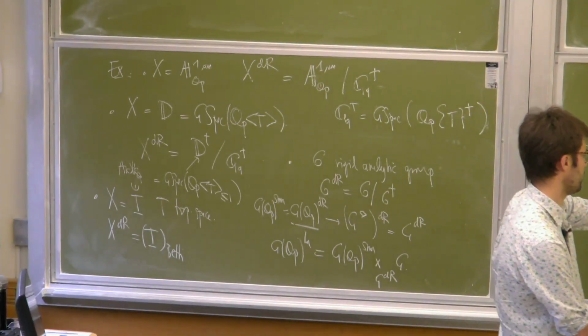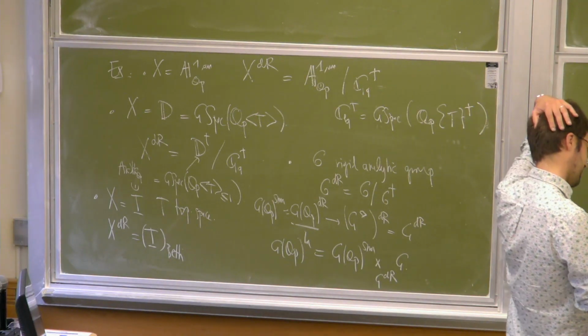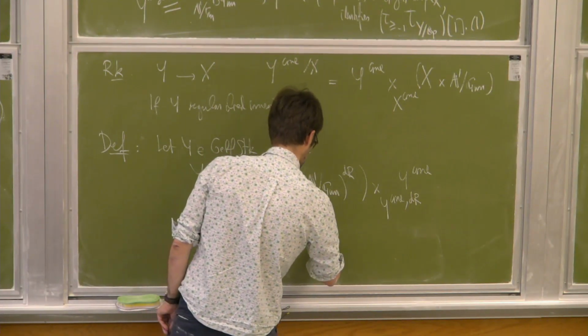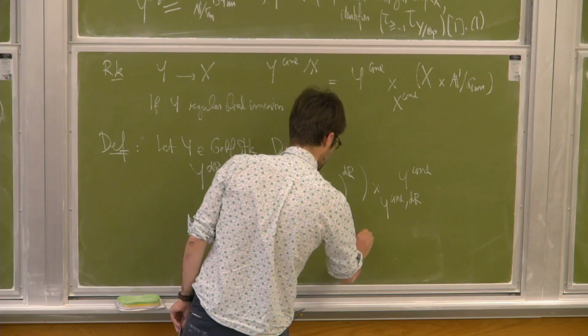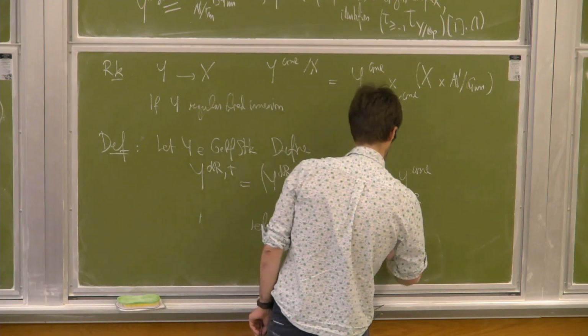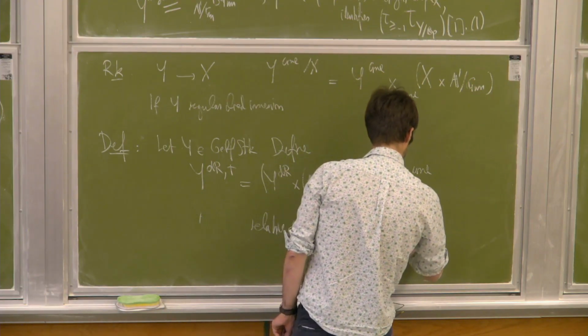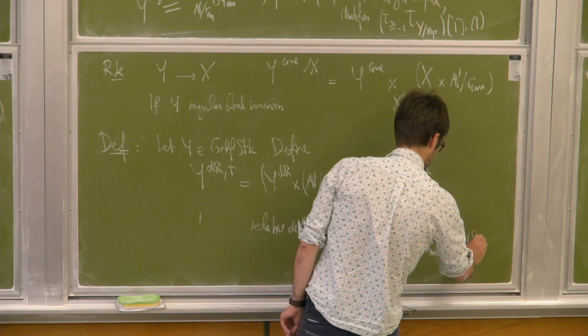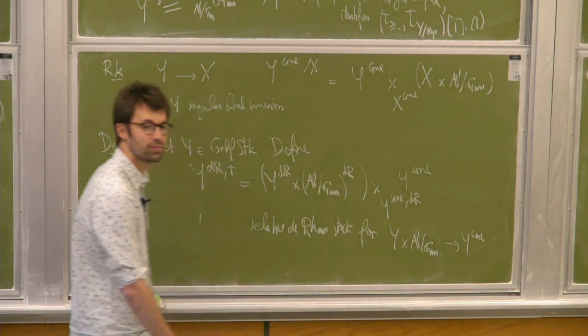But how I want you to think about the right-hand side is as some kind of relative de Rham stack, for this map y times A^1 mod G_m mapping to y cone.